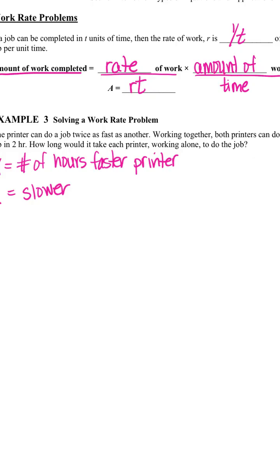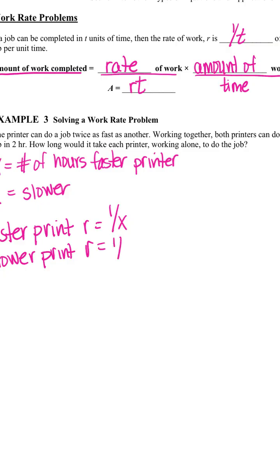So for the faster printer, R equals 1 over x, and for the slower printer, R is 1 over 2x. And this is job per hour.